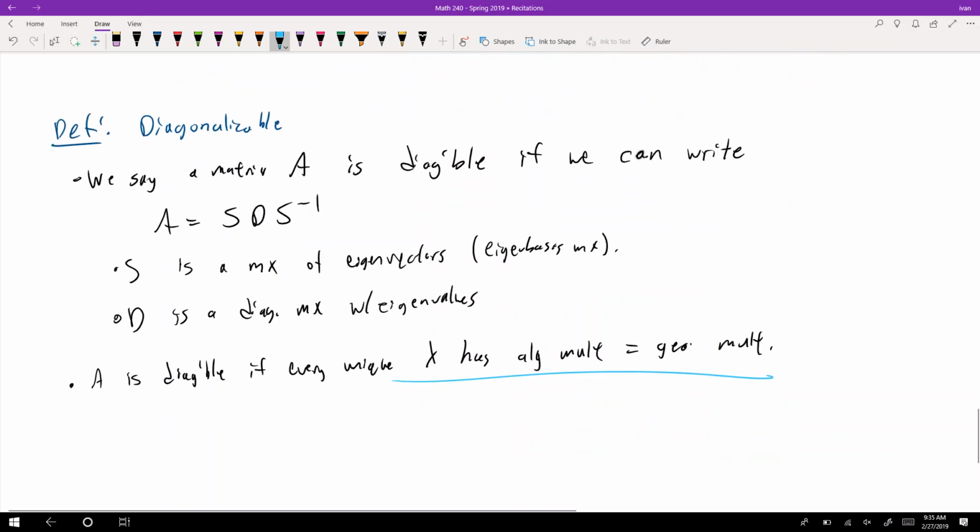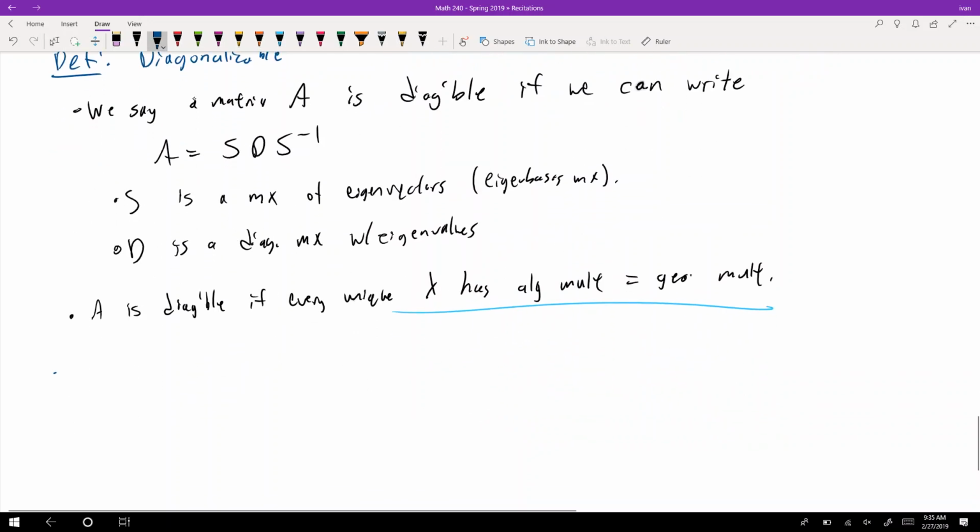All right, let's take a look at an example. I think most of this example will be spent calculating the darn characteristic polynomial. A is equal to negative 4, 3, 3, negative 3, 2, 3, negative 3, 3, 2. So how do we diagonalize a matrix?